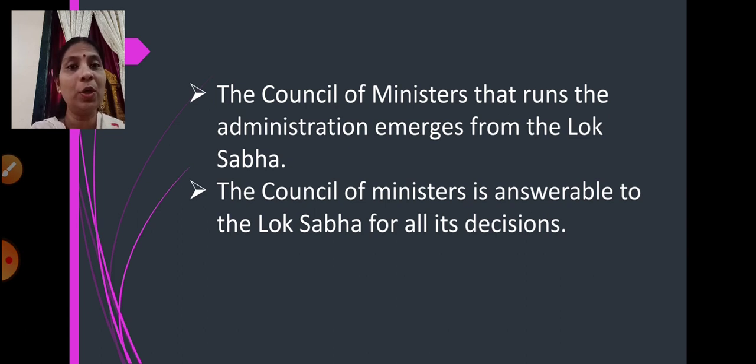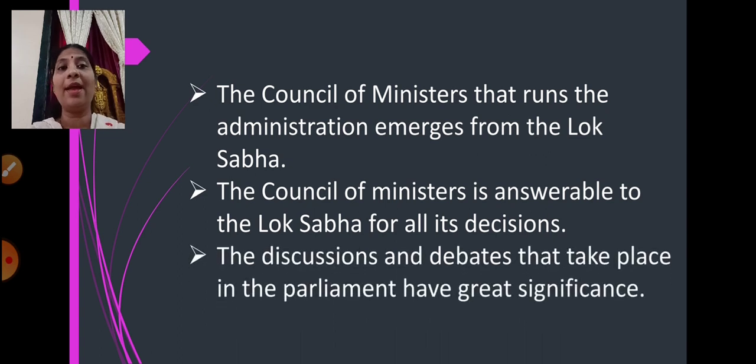These ministers, whatever decisions they take and whatever policies they bring for the betterment of the country and the people, are answerable to the Lok Sabha for all their decisions. So the other members of the Lok Sabha can question them for the decisions being taken. And so the discussions and debates which go on in the Lok Sabha or in the Parliament have great significance.